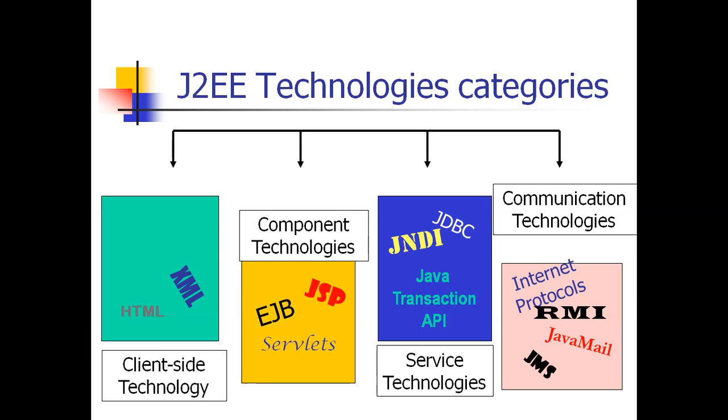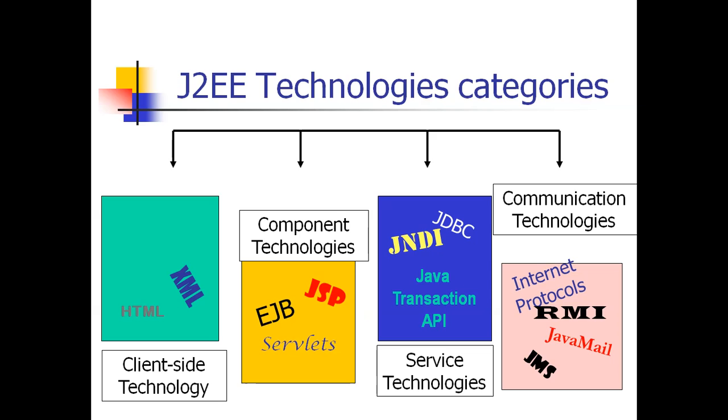For developing different components, we require EJB, JSP, servlet, etc. And for database connectivity, we require JDBC, Java Database Connectivity, JNDI, Java Naming and Directory Interface, and Java Transaction API, and these are the service technologies.